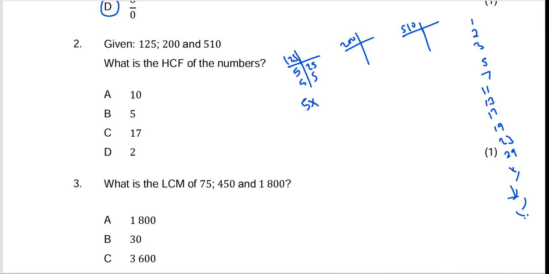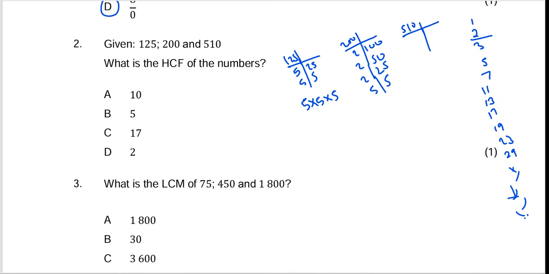So it's going to be 5 times 5 times 5. What about 200? 2 does go into 200. 2 goes 100 times, then 2 again gives 50, then 2 again gives 25, and then 5 and 5.